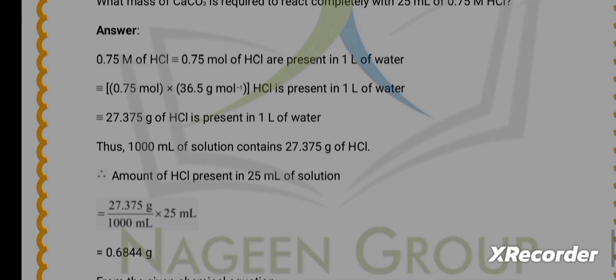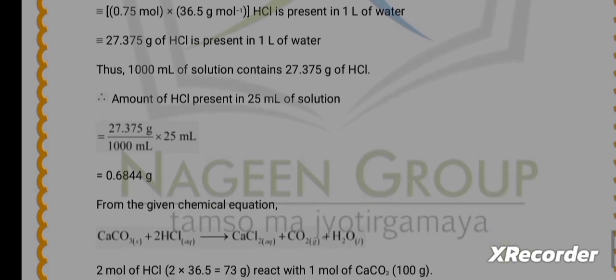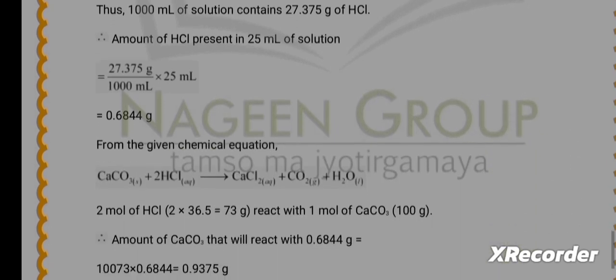So how much HCl is present in the 25 ml? So 27.375 divided by 1000 multiplied by 25, and it comes out to be 0.6844. Clear? So we know that from this equation, 2 moles of HCl, and 2 moles HCl mass is 73 gram.